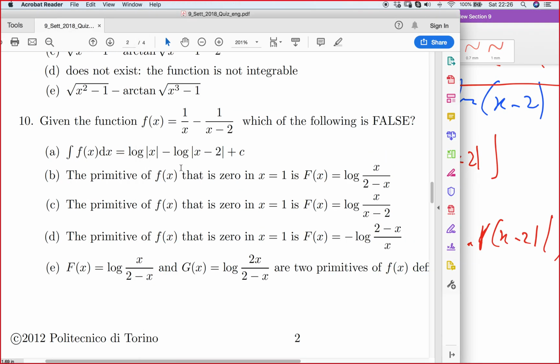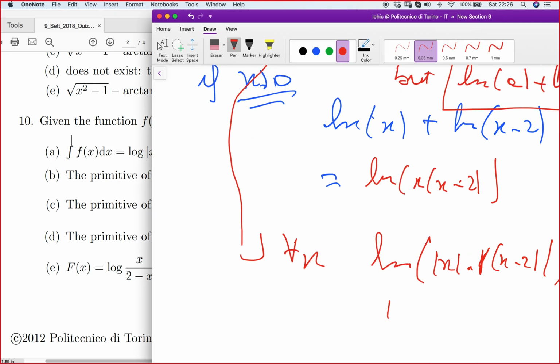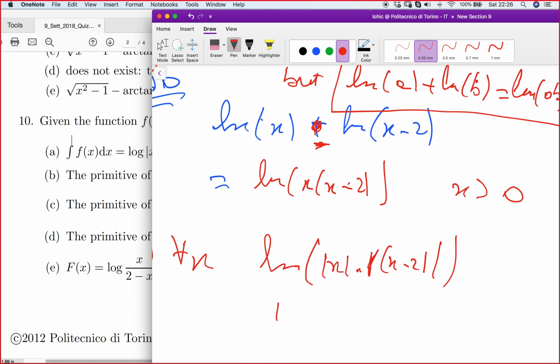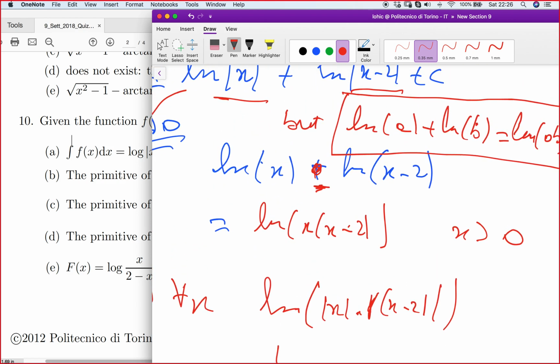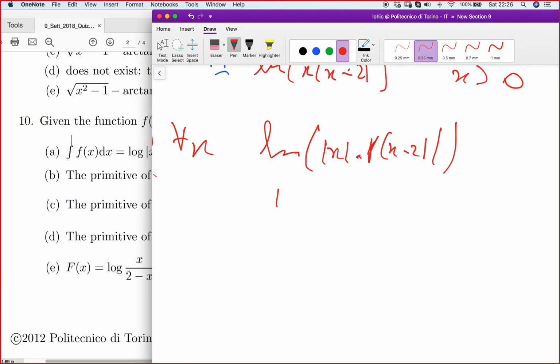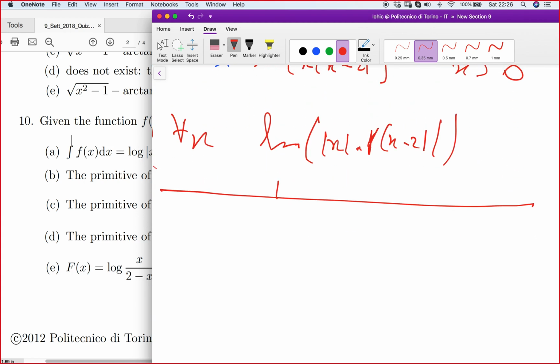So the first one, the function was minus, okay? So here there is a minus, not a plus. And so here there is a minus. Excuse me. So I repeat here the formula. The logarithm of a plus the logarithm of b is the logarithm of a times b.